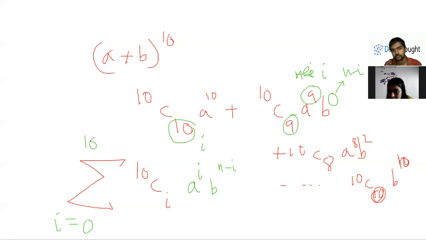You can also write a power n minus i, b power i. Both are the same, because nCi and nC(n minus i) will be equal. There are 2 different ways of looking at it. So is binomial theorem clear now? Yes, sir.